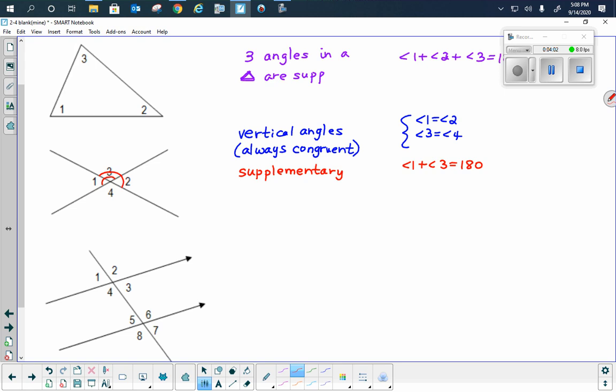So angle 3 plus angle 2 would equal 180. And just keep going. Angle 2 plus angle 4 would equal 180. Angle 4 plus angle 1 would equal 180. So a little color coding, all of those would be your supplementary relationships.